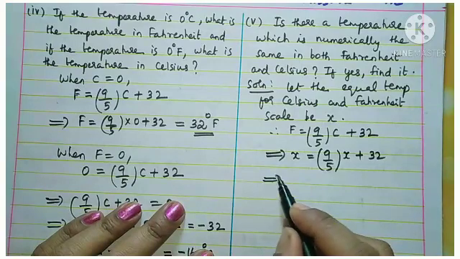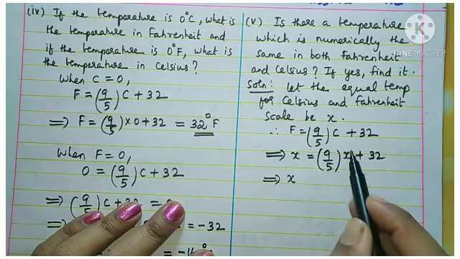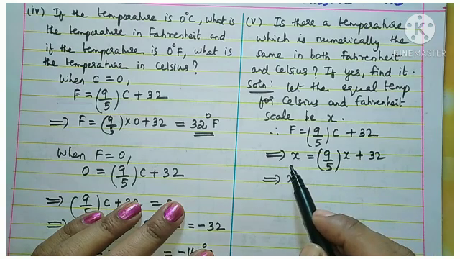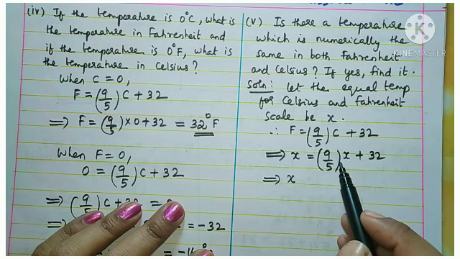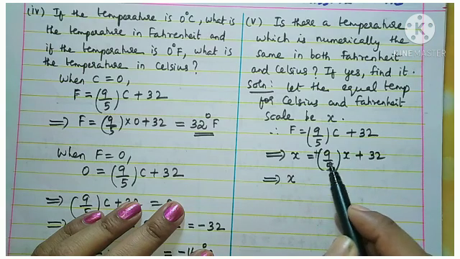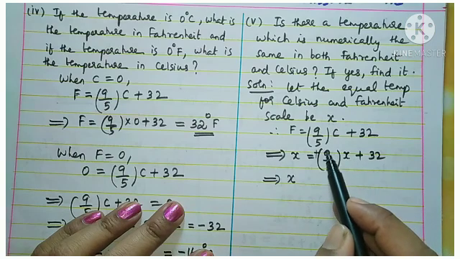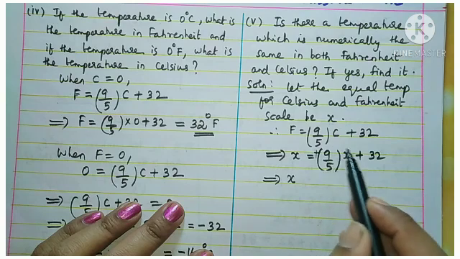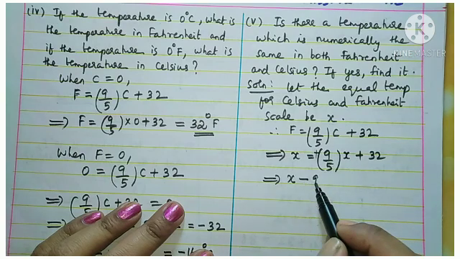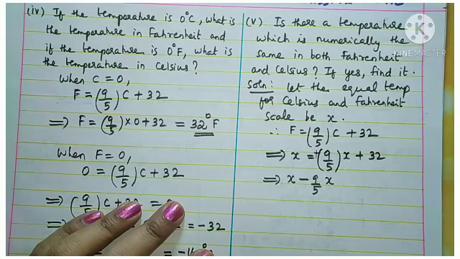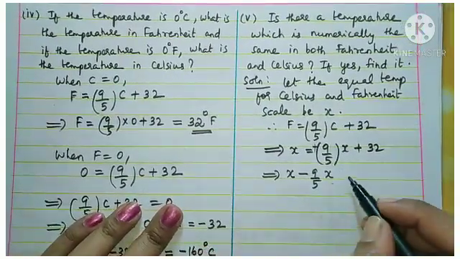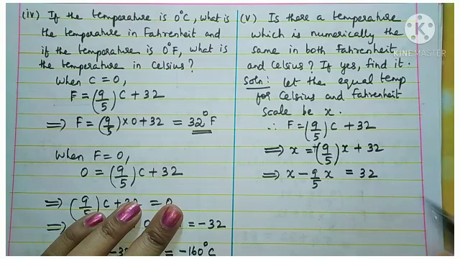So this 9 by 5 into x, this term I am taking completely to the LHS. If I were taking only 9 by 5, it would become reciprocal, but here I am taking the complete term, so it becomes minus 9 by 5x. You have learned all these calculations earlier. So it becomes x minus 9 by 5x equal to, on the right side, 32.